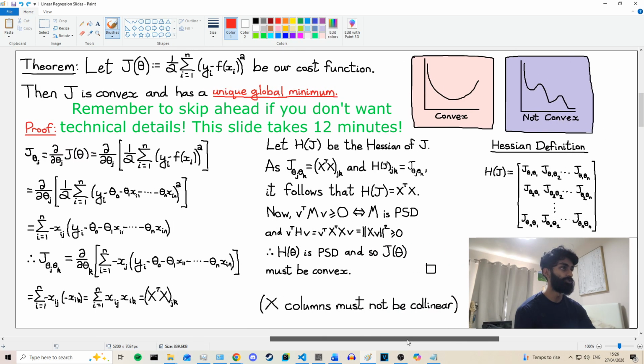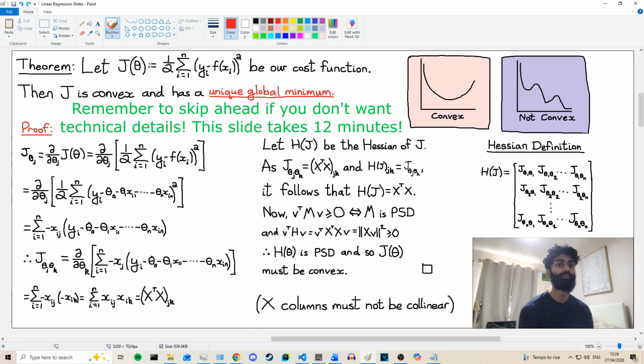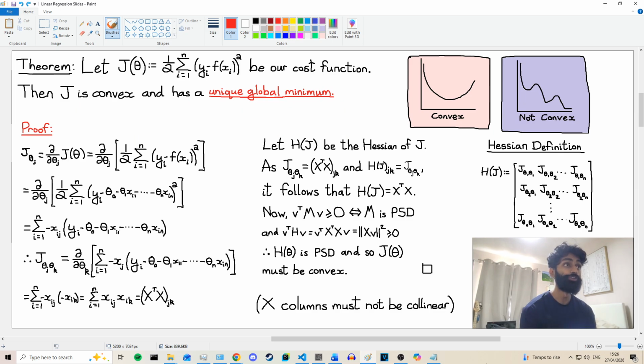So now we go into verifying the claim I just made, that SSE and MSE give one unique global minimum. First, we call J the cost function, J of theta, with theta being our weights. We see it here.